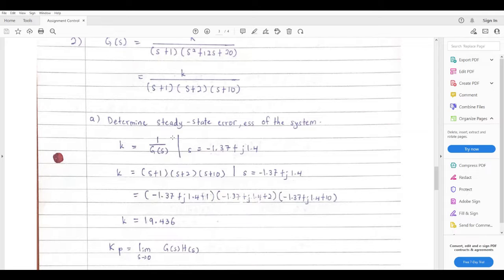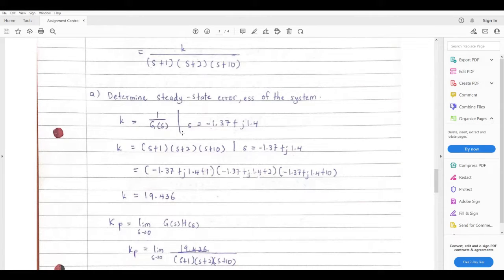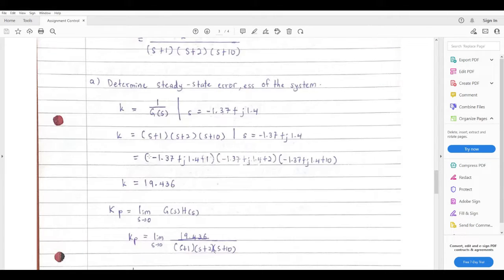Okay, so how do we do it? Okay, so we use the formula to find the gain. For the dominant poles, it is given in the question, which is -1.37 plus imaginary 1.4.